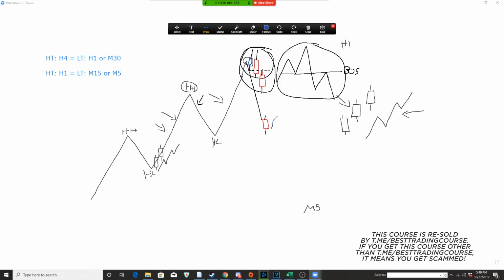And then you see this, a bullish engulfing, right? Maybe with really, really small wicks, and it closed above the high of the previous candlestick, right? This is going to be your first indication to buy. What this is going to look like on the 5-minute time frame is this.